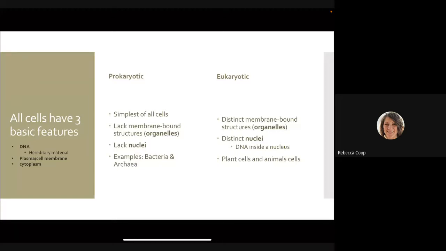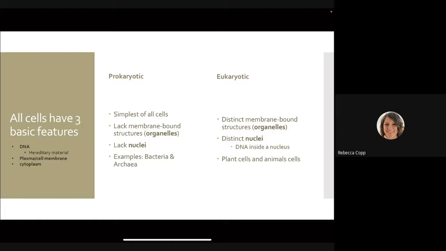So again, you should know the difference between prokaryotic and eukaryotic. Prokaryotic are the simplest of all cells. They lack membrane-bound structures, which are organelles, and those can be the nuclei, the Golgi apparatus, the endoplasmic reticulum, the mitochondria. One of the big features of the prokaryotes is that they lack nuclei. Some examples of those are going to be bacteria and archaea.